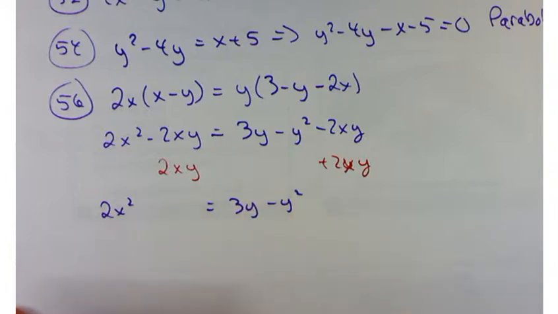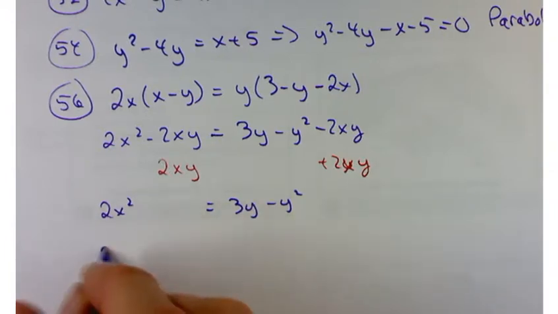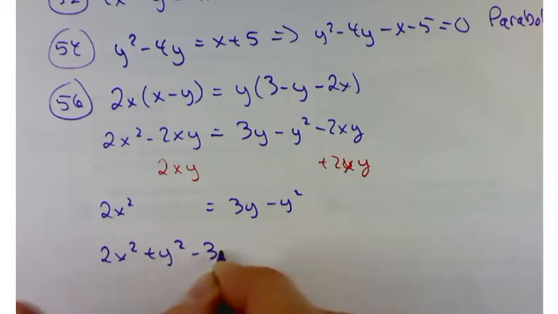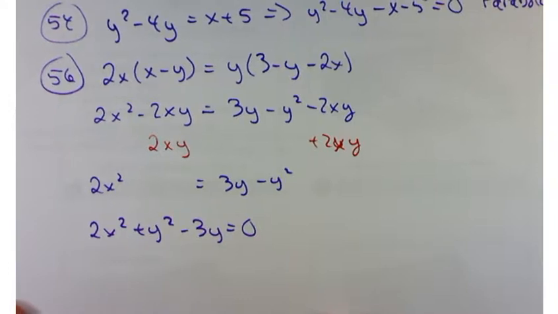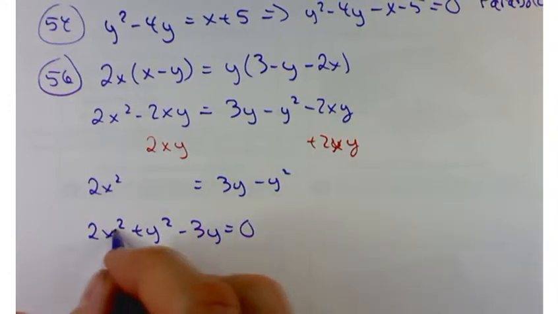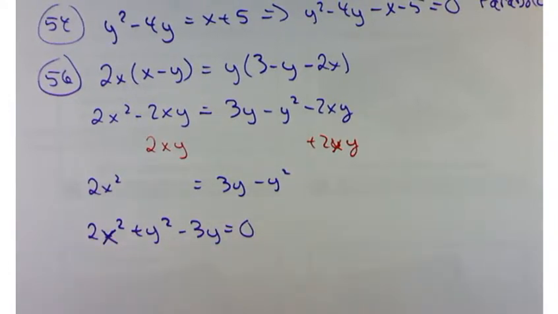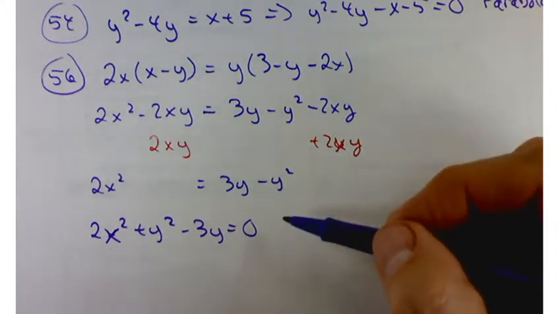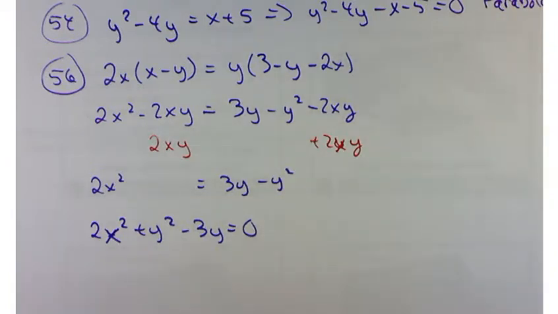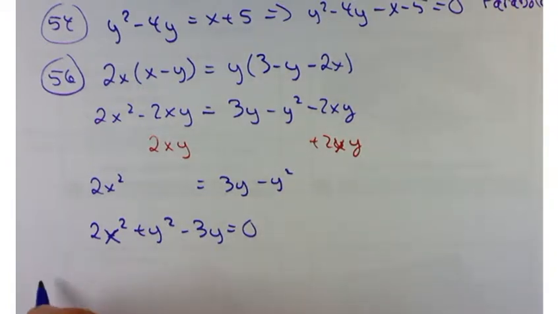And now let's bring everything over to the other side. 2x squared plus y squared minus 3y equals 0. All right, so we're going to need to play with that one. And let's look at one other one. You know what? I'll work on it with you. Why don't you see what you can conclude for this one first, and then we'll work on problem 58 together.